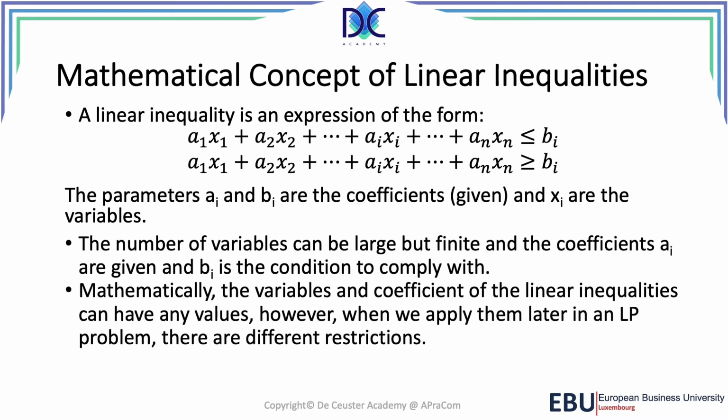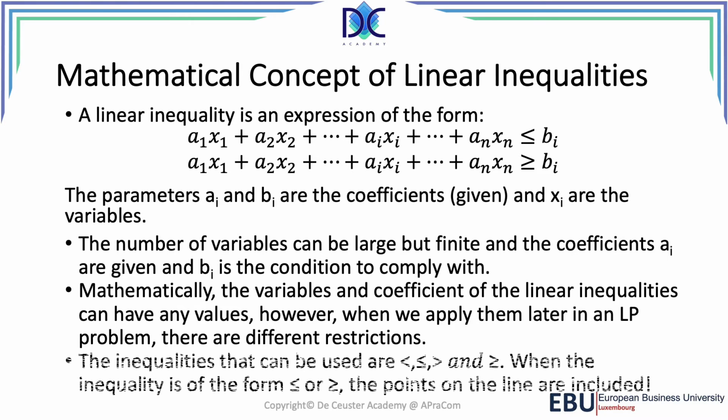Now, when we look at it mathematically, we can say that the linear inequalities can have any values, but we will see that later when we use them in linear programming, there are some additional rules, but we will talk about that later. It's first that we have a look how we deal with this, how it works, and how we find those different solutions.